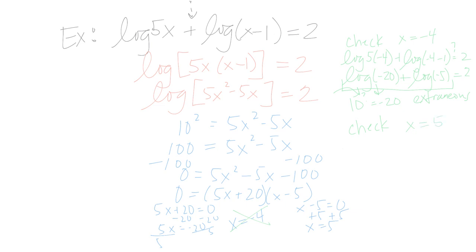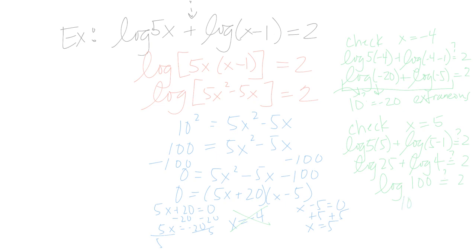So let me check this one. Log base 10 of 5 times 5 plus log base 10 of 5 minus 1, does that equal 2? So that's going to be log base 10 of 25 plus log base 10 of 4, does that equal 2? Well, let me use a property here. Since they're being added, I can multiply, write it as a single log.